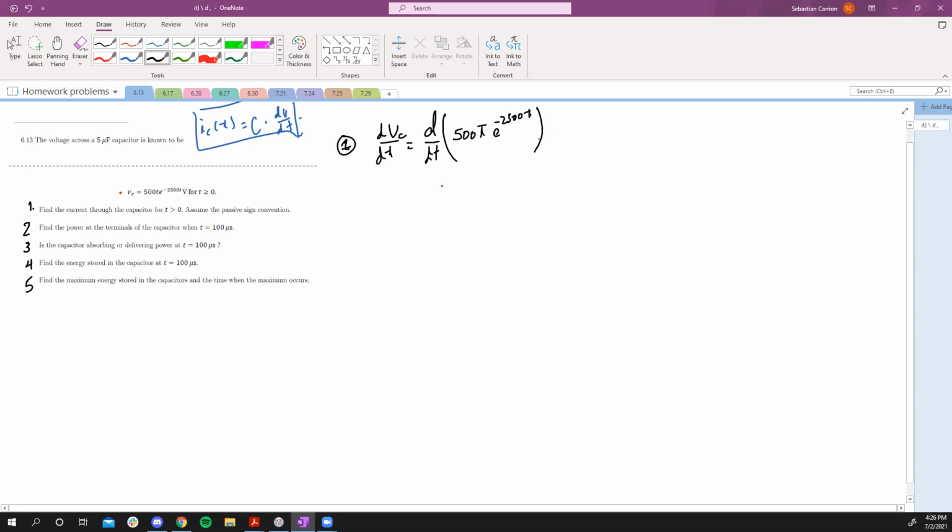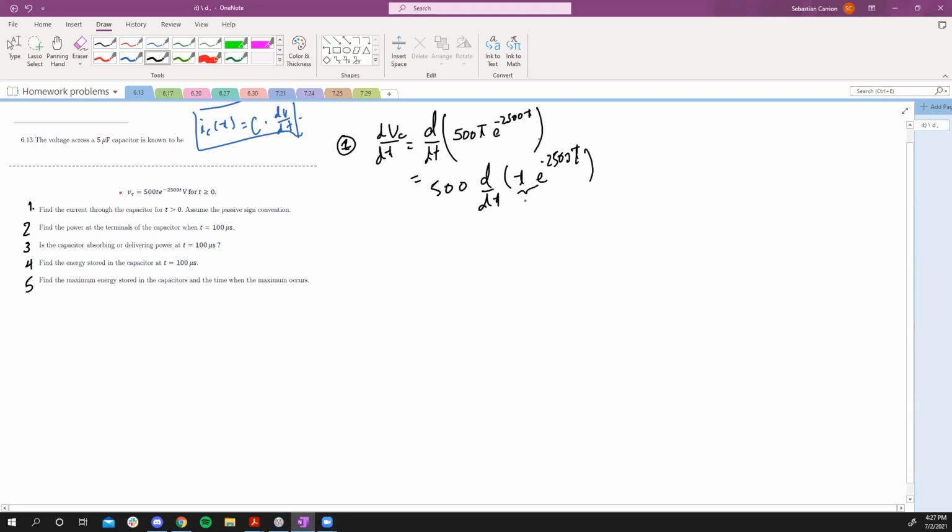And we are left with t e to the negative 2500 t, right? And here we want to apply the product rule.